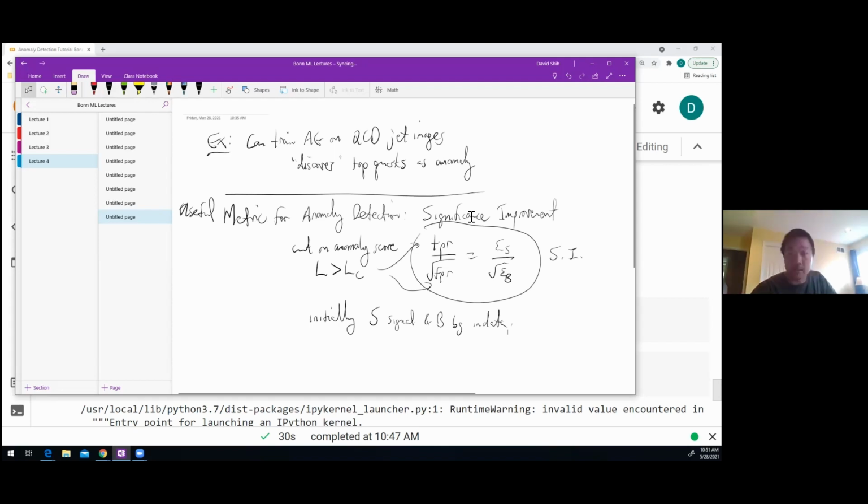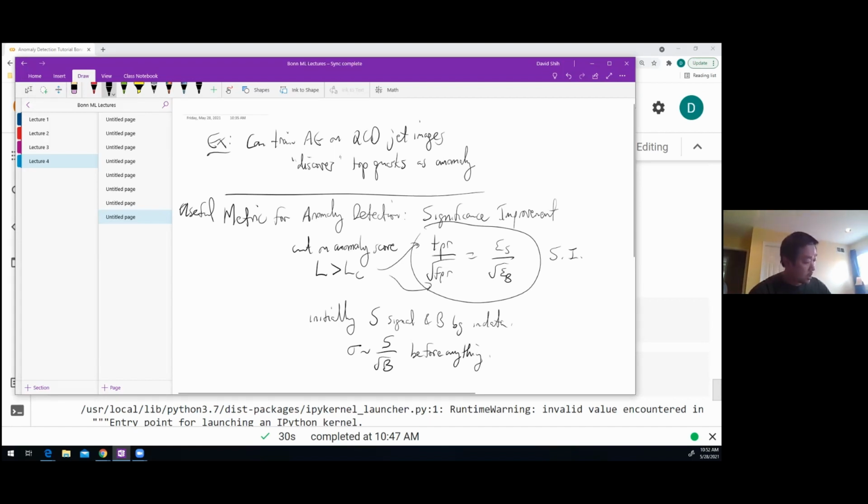Let's say both S and B are large. What is my nominal statistical significance? Anybody know? S over root B, right? Good. So initially, before any cut, I have a significance of S over square root of B.